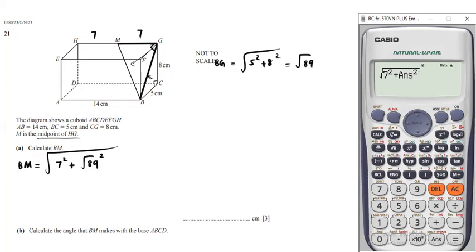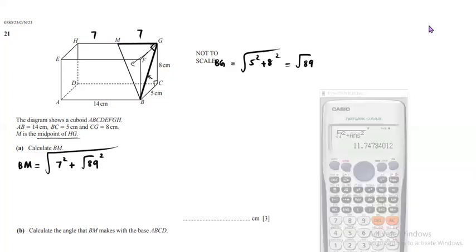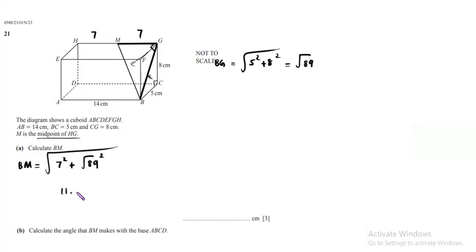I'm adding them because BM is the hypotenuse. When I do that, I get the square root of 139, which is 11.747. So corrected to 2 decimal places, it's 11.75 centimeters. This is the value of BM.